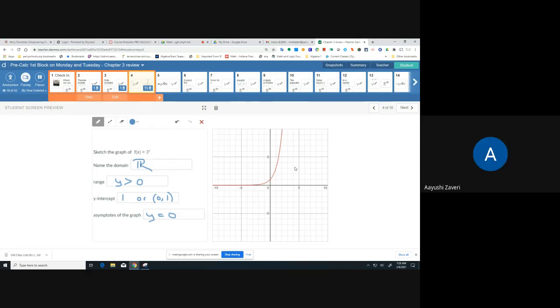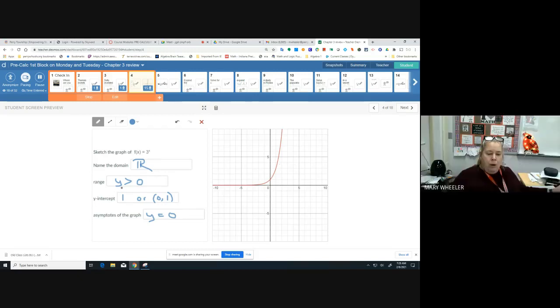I kind of forgot about the asymptote of the graph. How do we do that? Okay, well, you have to just look on the graph on that one. That's a good question. But like here, my range is y is greater than 0. So it's getting really close to that value of 0.